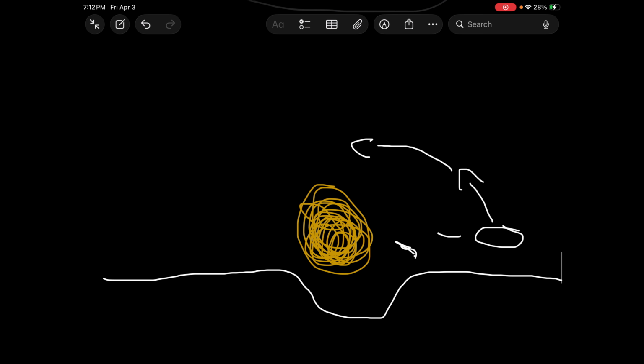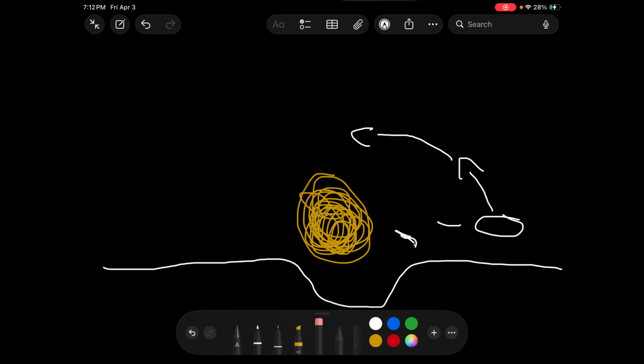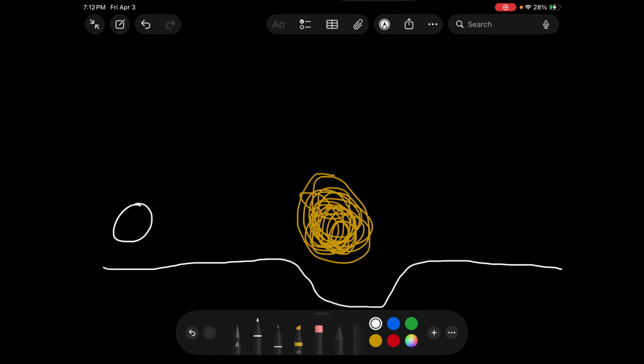but not completely effective when it came to things like light curving around an object in space with a lot of gravity. What I mean by that is, let's say you have the Earth over here and a star over here.